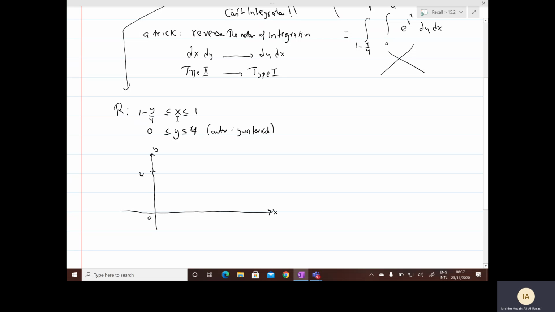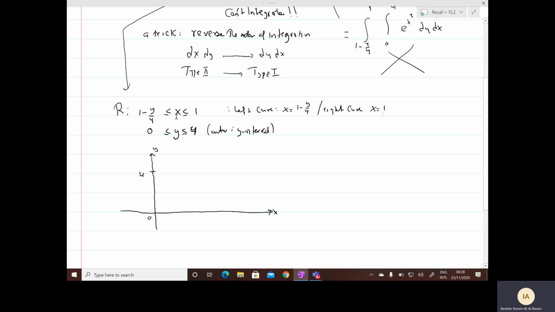What about the x interval? It will be between a left curve and a right curve. The left curve is x equals 1 minus y over 4, and the right curve is x equals 1.